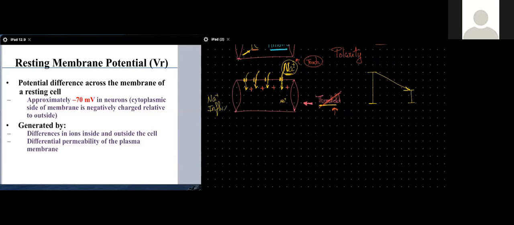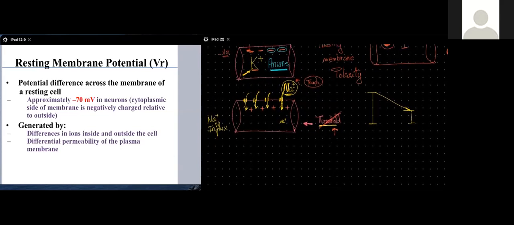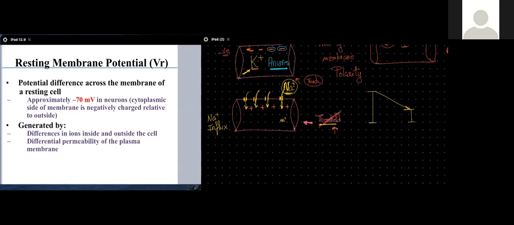The sodium is going to be moving from outside of the cell to the inside of the cell, and this will be responsible for losing the resting polarity. I have lost the membrane polarity. This is what we call depolarization.